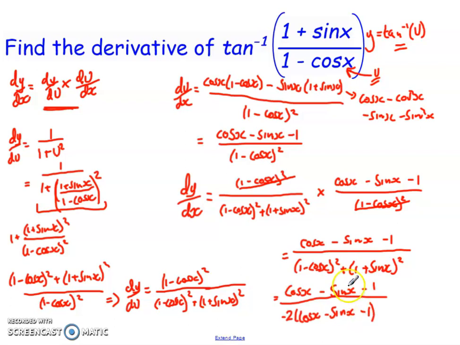Look at that. It's the same as the top except with a negative 2 out in front, which we've taken as a common factor. So all we can do is cancel this cos x minus sin x minus 1 part, and all of this working through this entire derivative eventually gets me to an answer of -1/2.